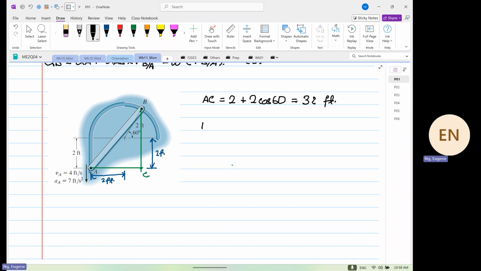And then we can know what is BC, right? So this is 2 plus 2 sine 60. It's 3.732.